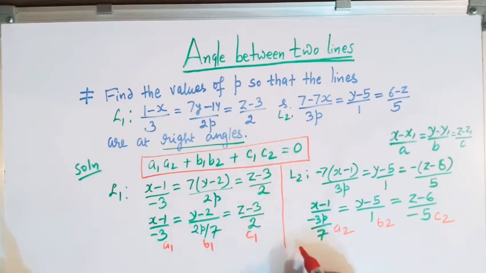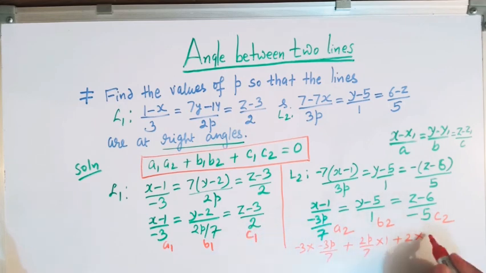So let us substitute the values. So a1 a2 is minus 3 multiplied by minus 3p divided by 7, plus we have 2p by 7 times 1, and then we have 2 times minus 5 is equal to 0, right?